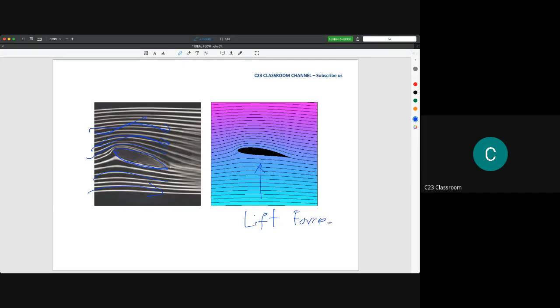The basic idea is if the velocity is higher at the top, the pressure is lower. If the velocity at the bottom is lower, the pressure is higher. So the pressure difference here will give us lift force.